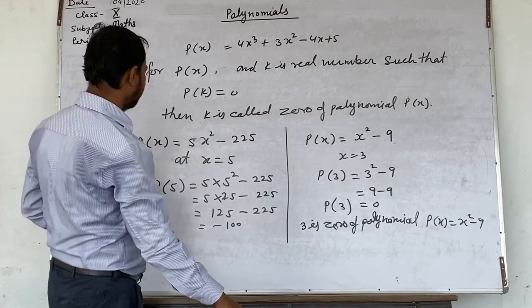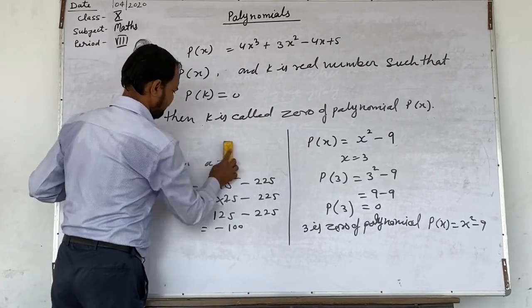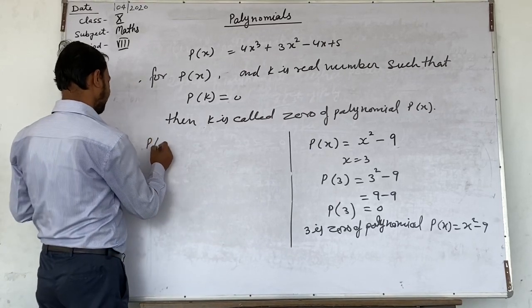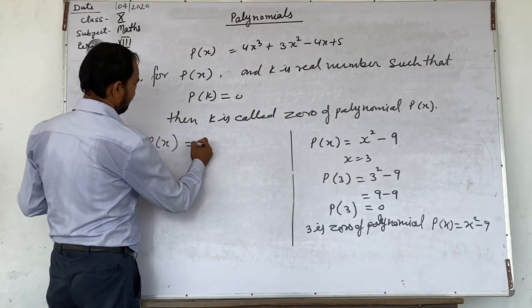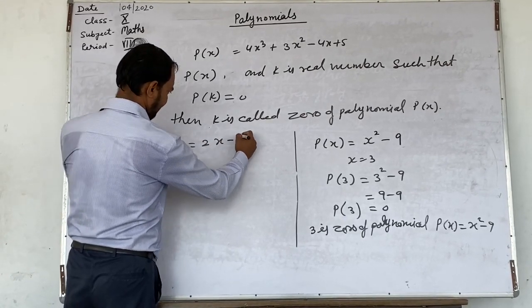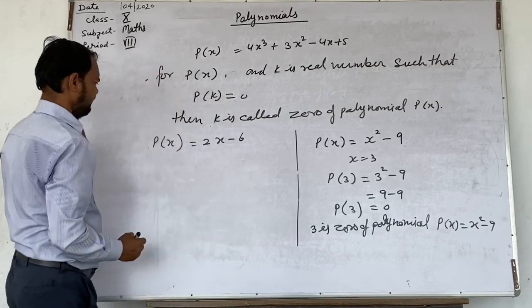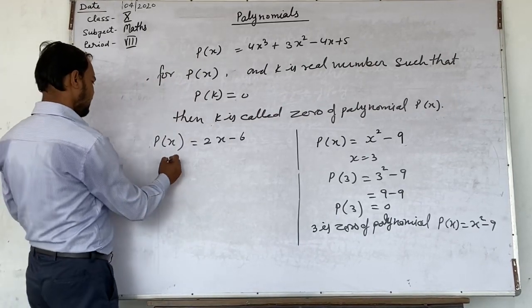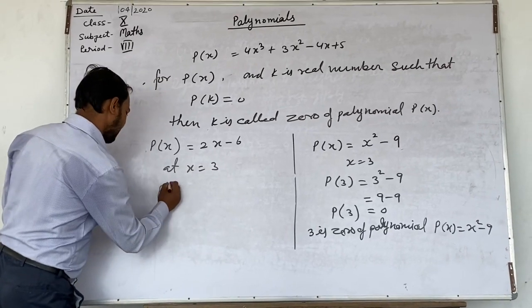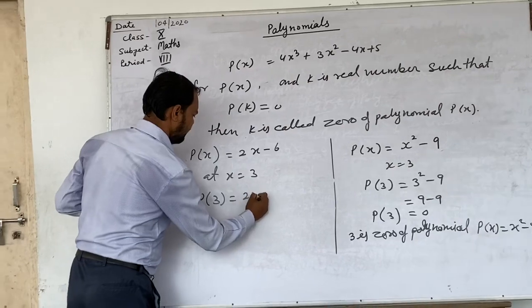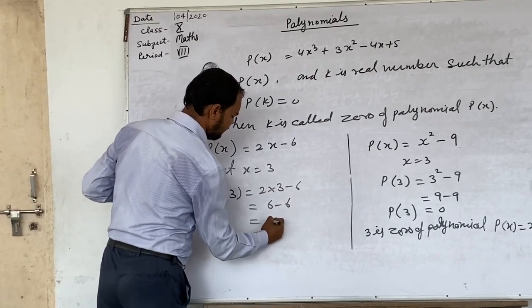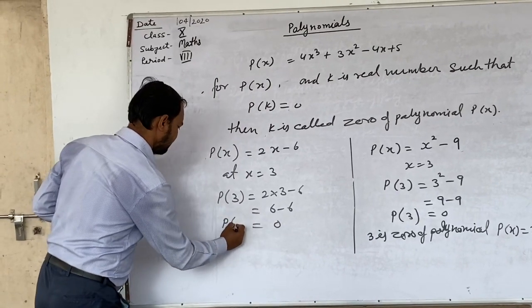Let us take another simple example. For linear, if p(x) equal to 2x minus 6, now if you put x equal to 3, so p(3) is 2 into 3 minus 6, 6 minus 6 equal to 0. So p(3) equal to 0.